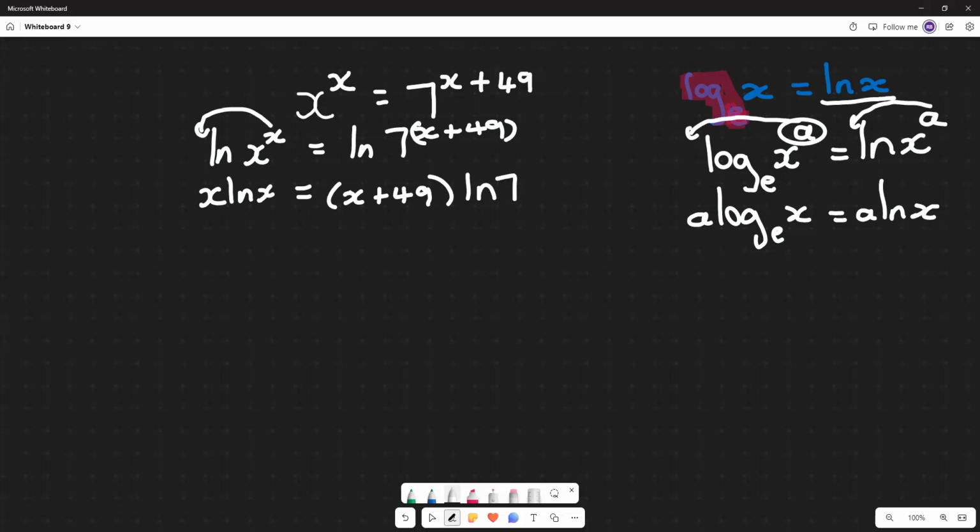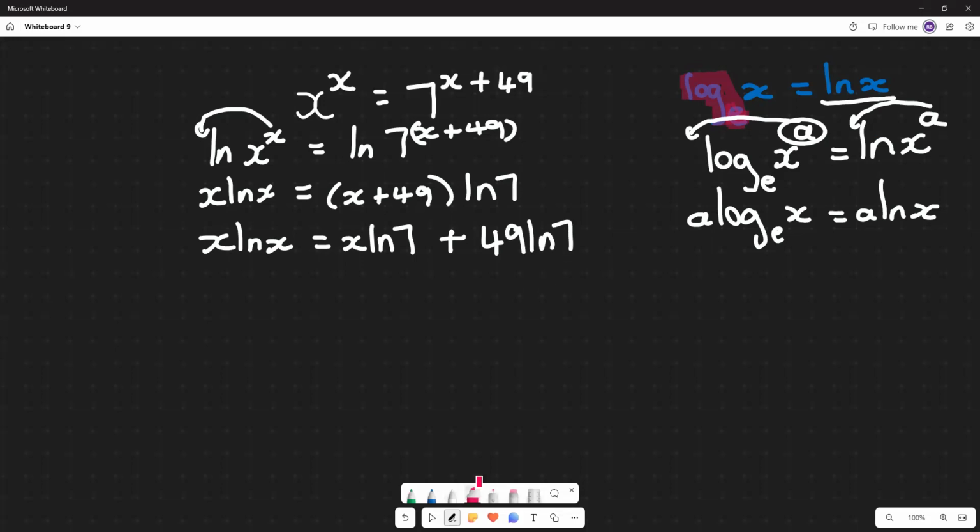They become the coefficients, basically. Perfect. Now I'm going to do a little bit of algebra here. If I have a bracket, I can FOIL. So x times ln 7 is x ln 7, plus 49 times ln 7 is 49 ln 7.